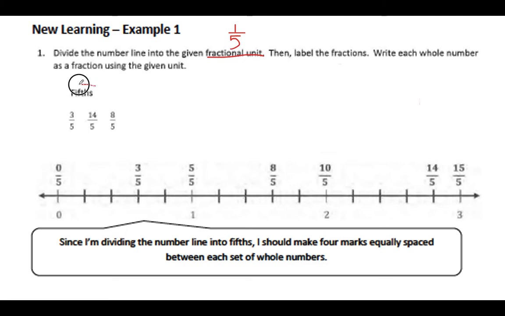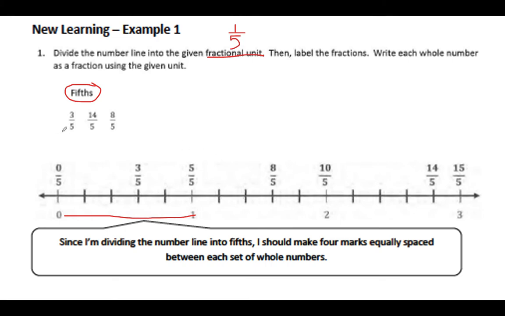So they told us fifths, right? So what we did here, I have 0 to 1, 1 to 2, 2 to 3, is here's a whole, for example, chopped this into 5 equal pieces to make fifths. 0 fifths, 1 fifth, 2 fifths, 3 fifths, 4 fifths, 5 fifths. You see? They did that between each whole number. That was step 1.